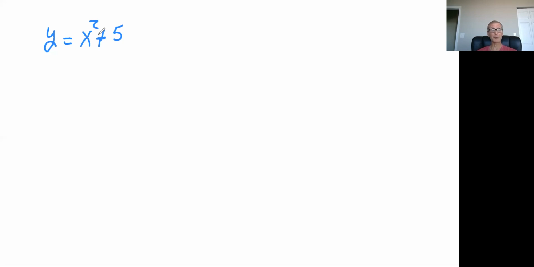Are there any bad numbers? In this case, the answer is no, because no matter what number you plug in for x, out will come a real number for y. So you would say that this one is -infinity to positive infinity, which indicates all real numbers.